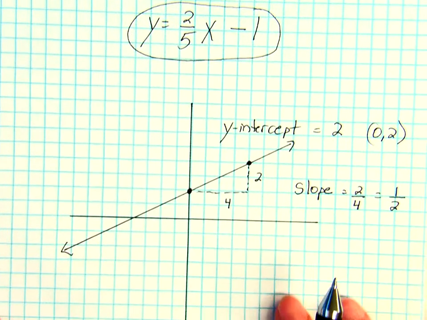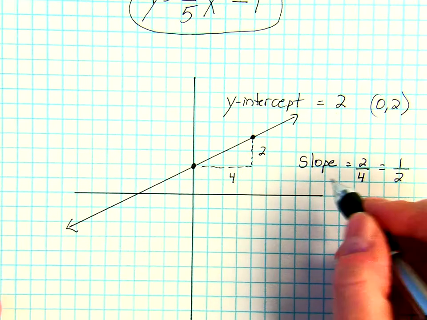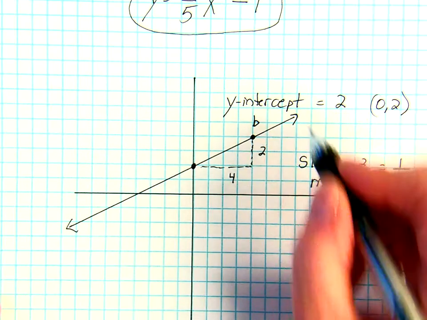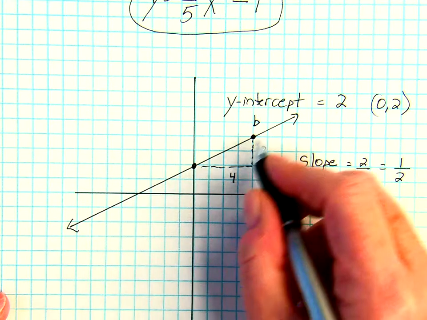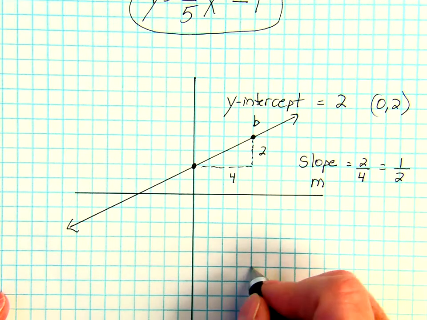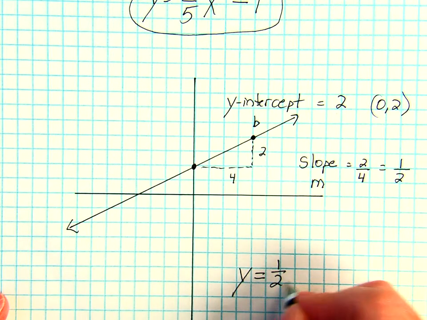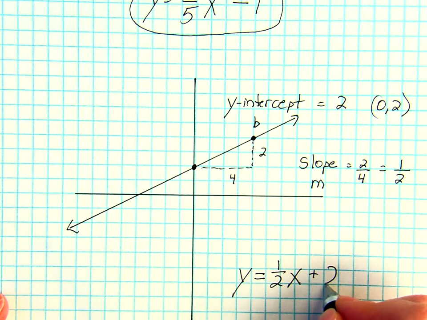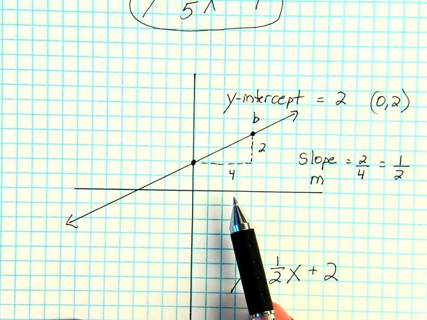So now I have my slope, which is m. I have my y-intercept, which is b, and I can make an equation saying that the equation of this line is y equals 1/2 x plus 2. And this tells me everything I need to know about this line.